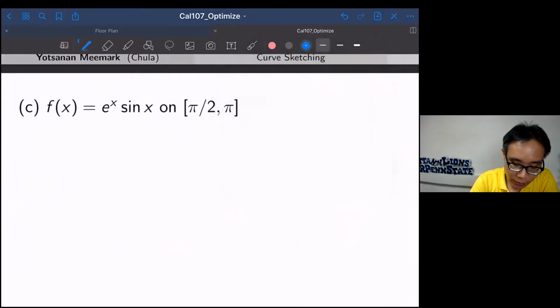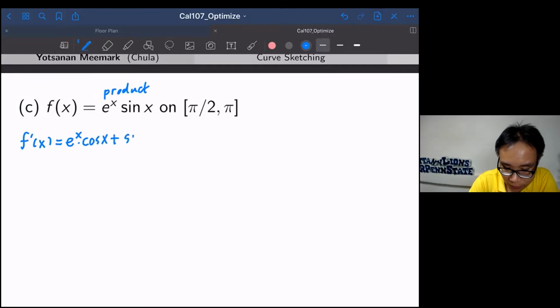You have to use the product rule here: the first derivative of the second plus the second derivative of the first. So this will be e to the x times cos x plus sine x.